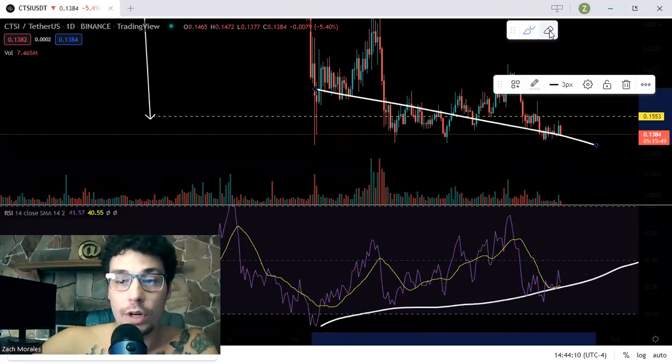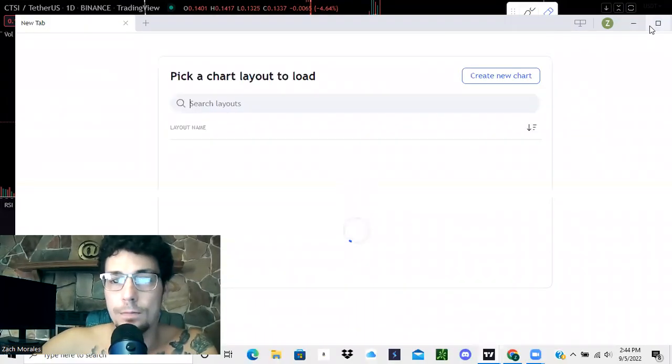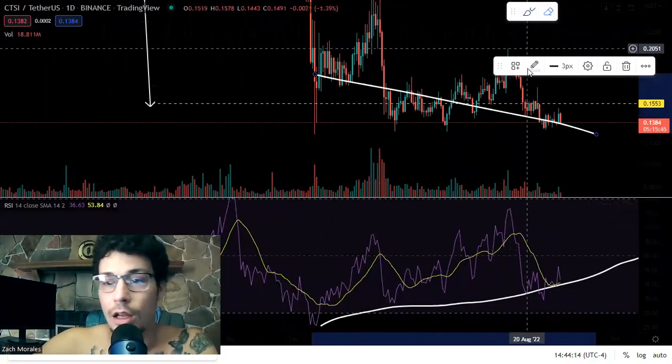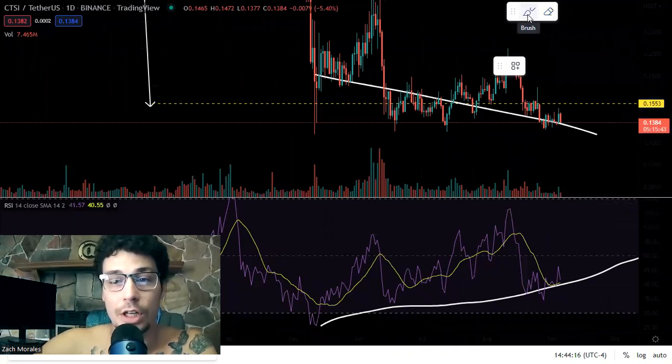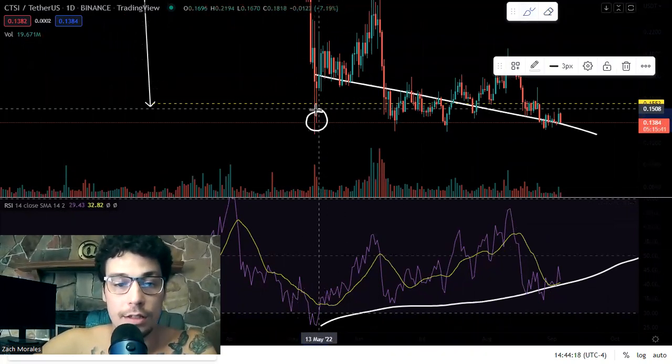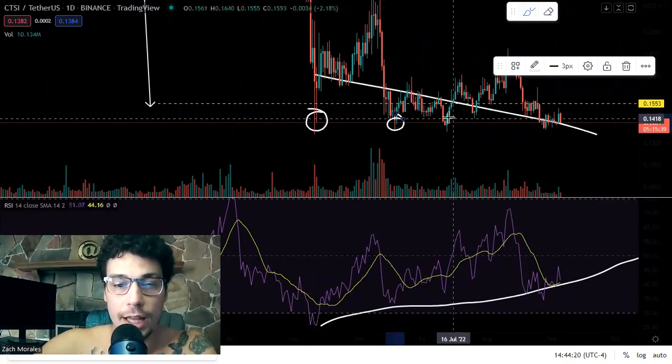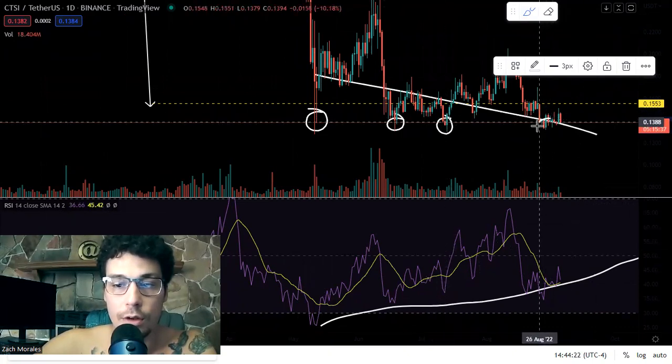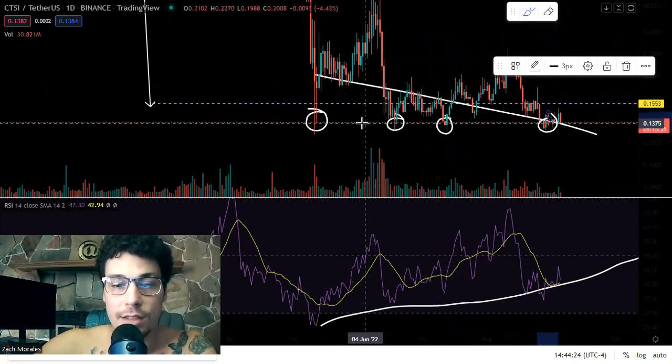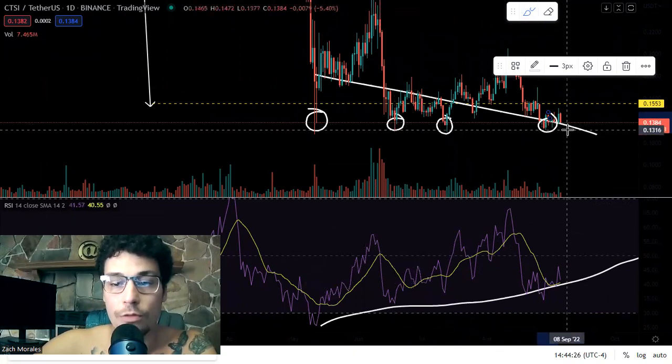Now, again, if you want to get super technical with it, okay, this is one way you could draw it, like this, and I want you to look at each one of these points. Now what we've done is basically tested the same bottom about 4 times.